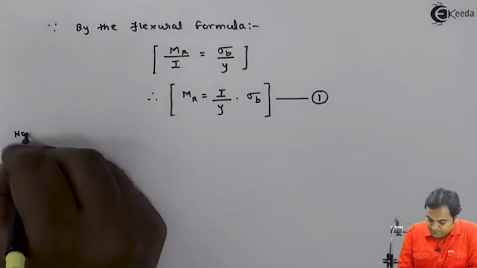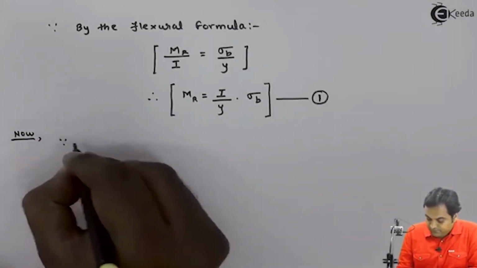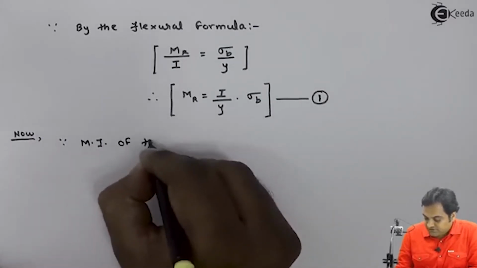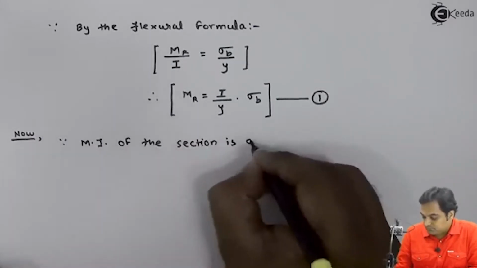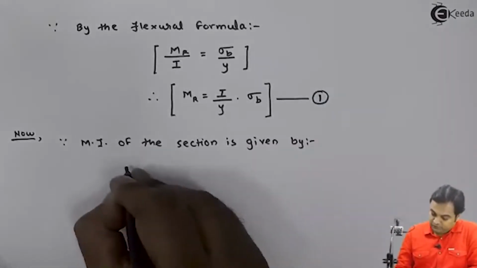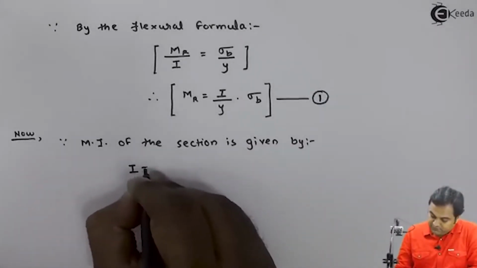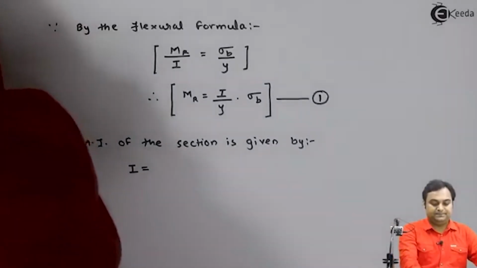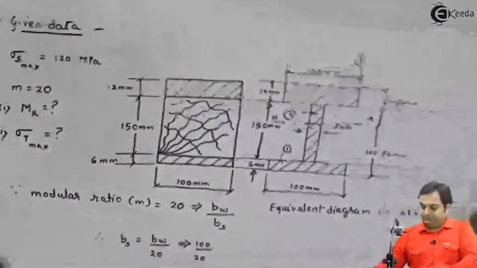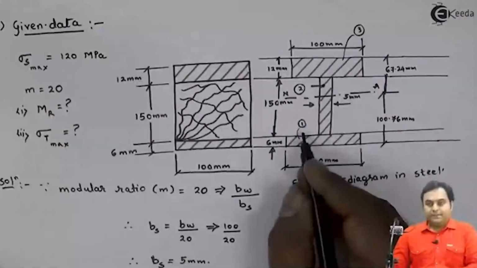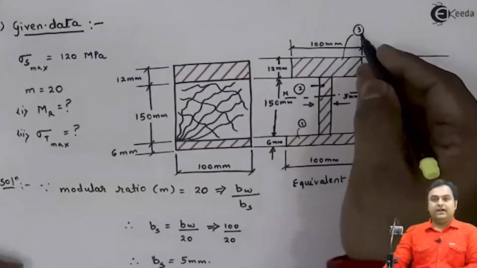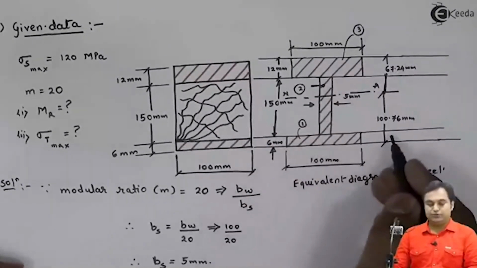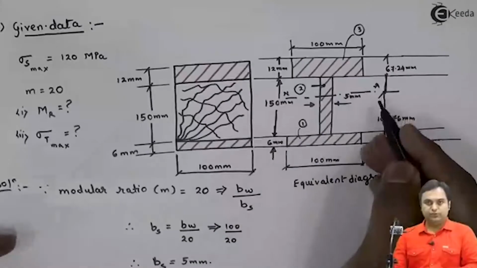Now, since moment of inertia of the section is given by, I will write down I is equal to, since here I have three different sections, that is rectangle 1, 2 and 3. I want to calculate moment of inertia for first, second and third rectangle about the horizontal axis, which is parallel to neutral axis.